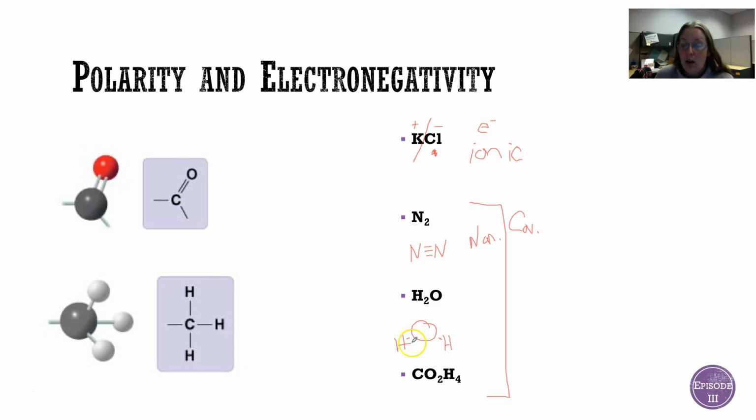Oxygen here is a hog, hydrogen loses out, so the hydrogens have a partial positive charge because they've lost control of the electrons if you compare them to the oxygen. This leaves oxygen with a partial negative charge, so we have poles, just like poles on a magnet, positive and negative, and this is a polar covalent bond.